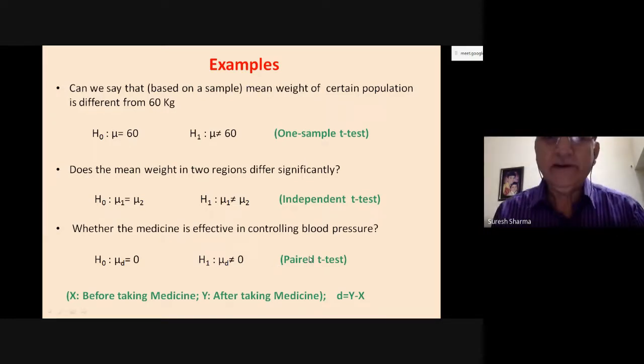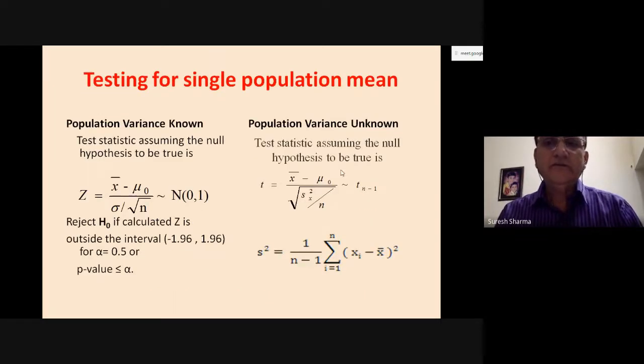So one sample t-test, independent t-test, paired t-test. This is the formula for one sample t-test. Under H0, we are testing mu is equal to mu naught. And from the given observation of sample of size n, I'll compute x bar, I'll compute the variance, and t will be given by this formula.